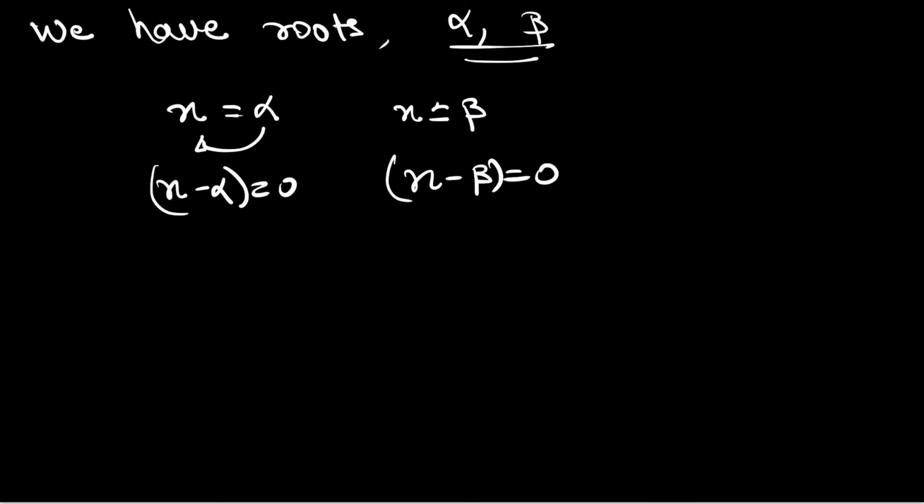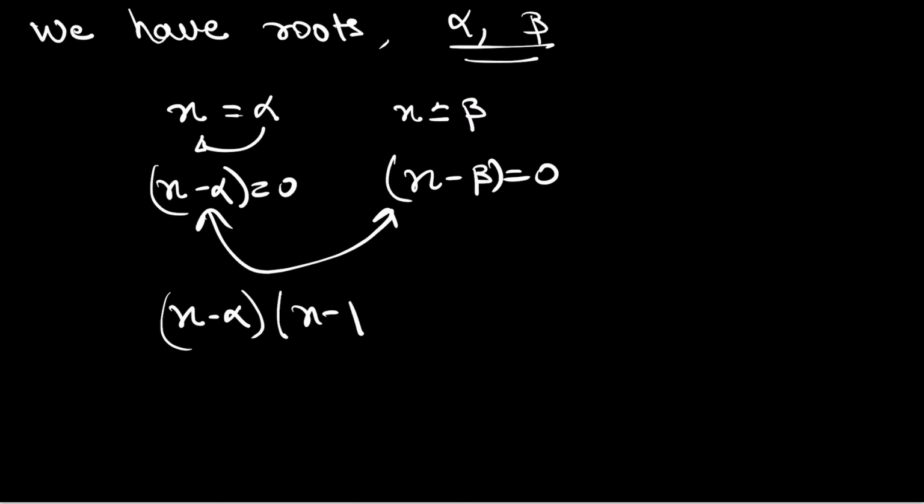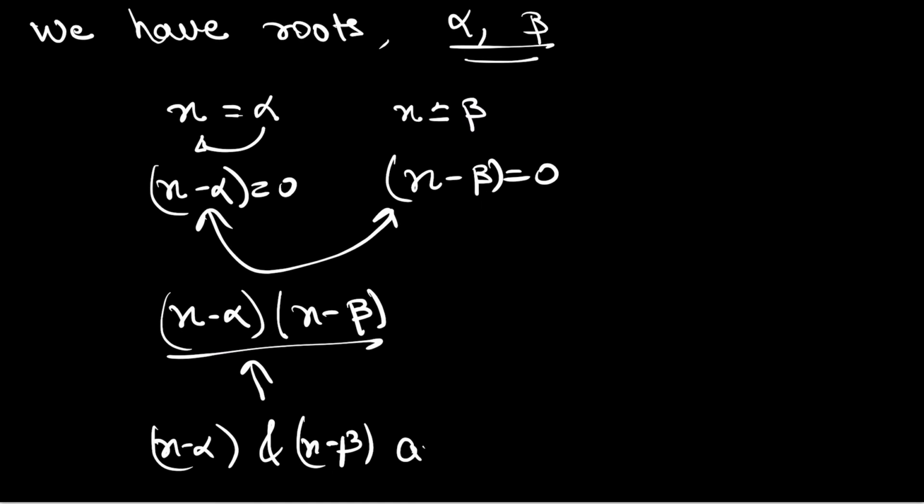Now we know that these are multiplied to get a quadratic equation. Hence my quadratic equation becomes x minus alpha times x minus beta. Here we can also note that x minus alpha and x minus beta are factors of the quadratic equation.